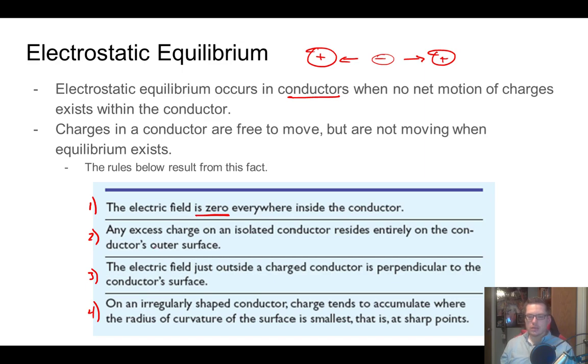Number 2. Any excess charge that's on an isolated conductor will always be on the conductor's outermost surface. We talked about this when we talked about surface charges in the previous video, but this is just establishing that idea again. Number 3, the electric field just outside of a charged conductor is perpendicular to the conductor's surface.